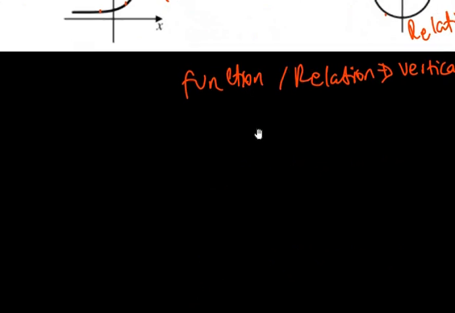Okay, but for now, let's look at a bit of inverse functions. We already know that a straight line is y equals mx plus c. Or you can even write it as y minus y1 equals m into x minus x1.